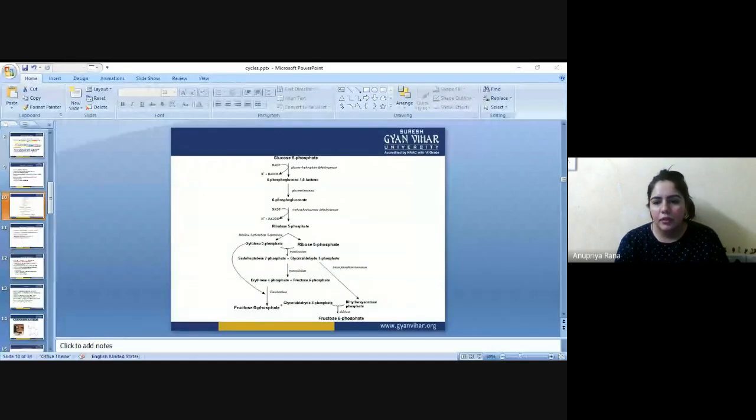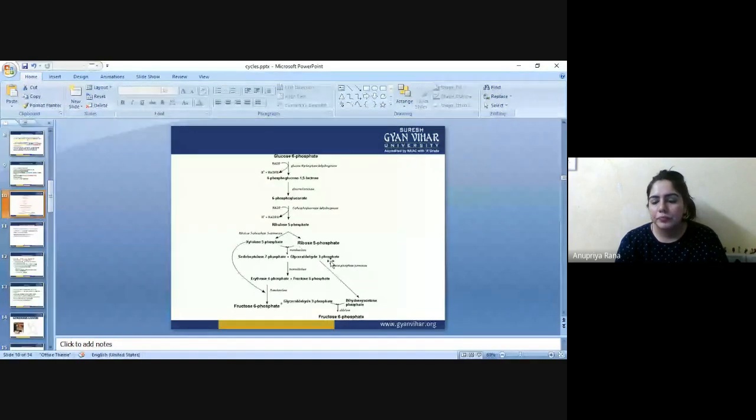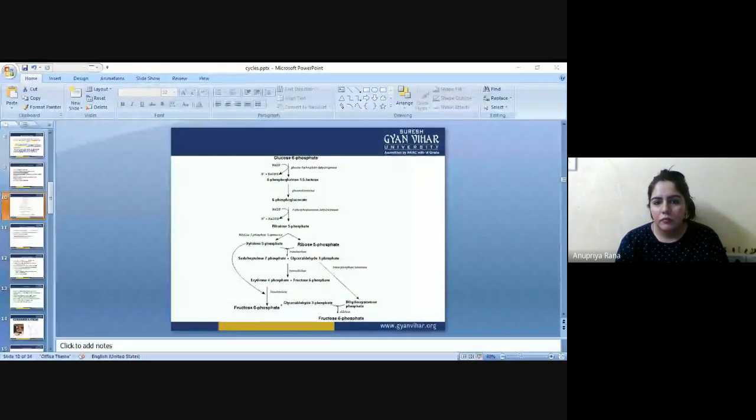Let me just enhance it a little so you can easily see it. Okay, so till here we get ribulose 5-phosphate in the oxidative phase. Now the non-oxidative reversible phase has started. In this case, you have to remember the carbon number does not get degraded.